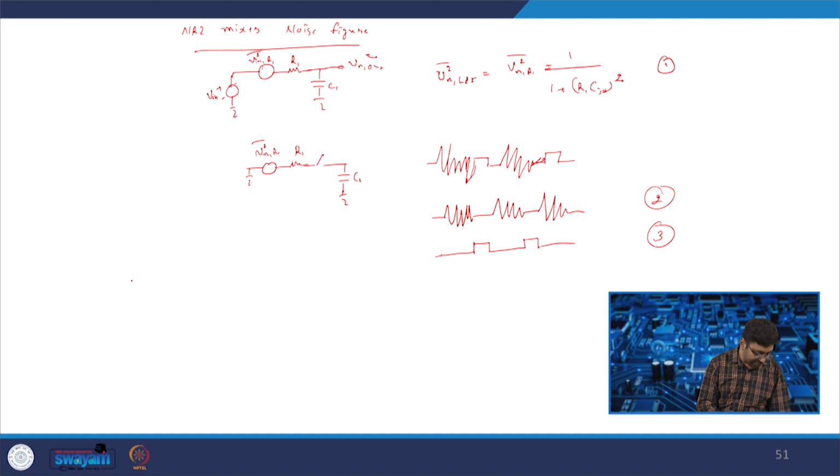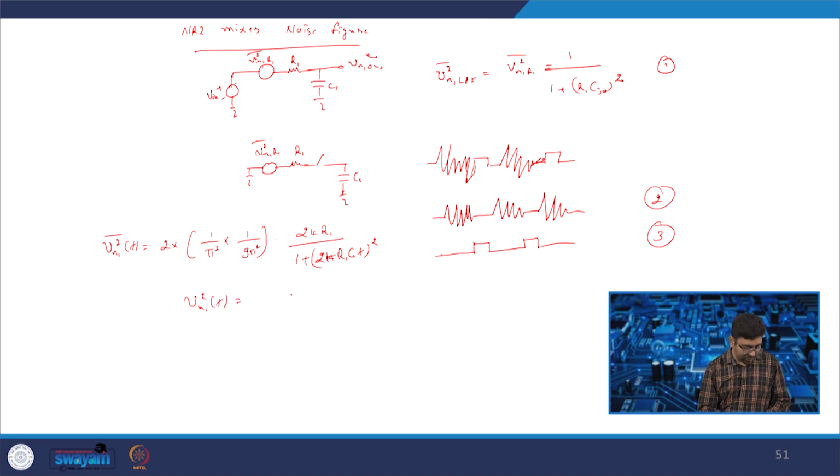If we consider decomposing it into two parts, that is Vn1 square, which is given by 2 into 1 by pi square into 1 by 9 pi square, 2kT R1 by 1 plus 2 pi R1 C1 f square.